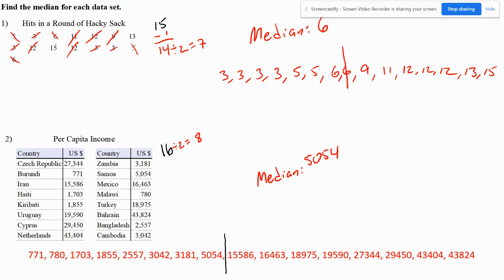So 5,054 plus 15,586. Let me divide it by 2. I'm getting the average of those 2 numbers. I happen to get my answer is 10,320.